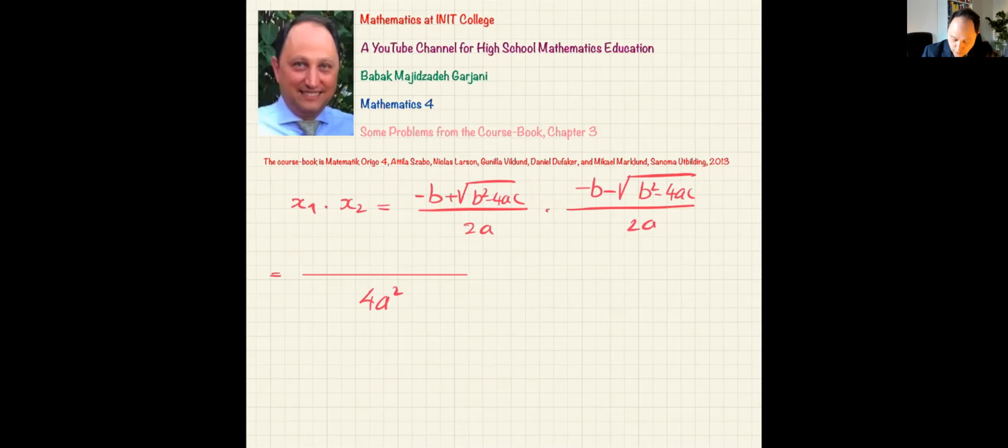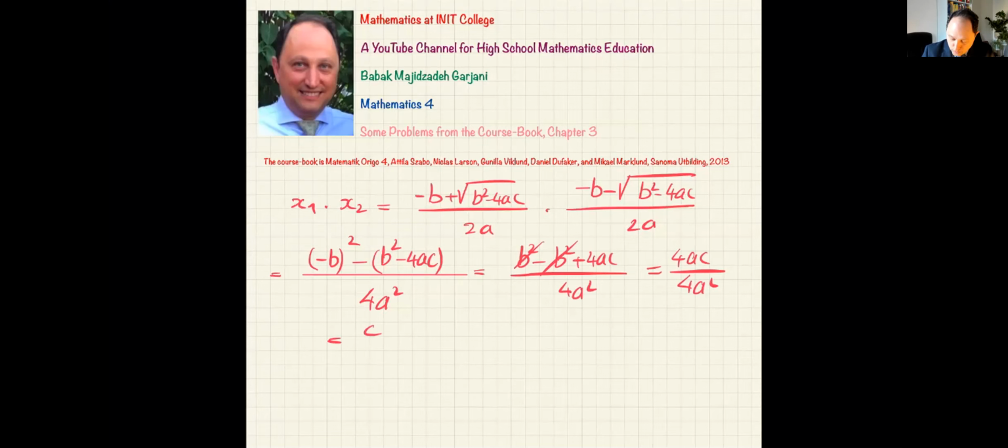So this becomes the first one to the power of 2 minus the second one to the power of 2. But the second one to the power of 2, I will get rid of that square root sign. And if I simplify this, it becomes positive b squared, negative b squared plus 4ac divided by 4a squared. And then these two are canceled, so I am left with 4ac divided by 4a squared. And then everything is simplified. I am left with c over a.